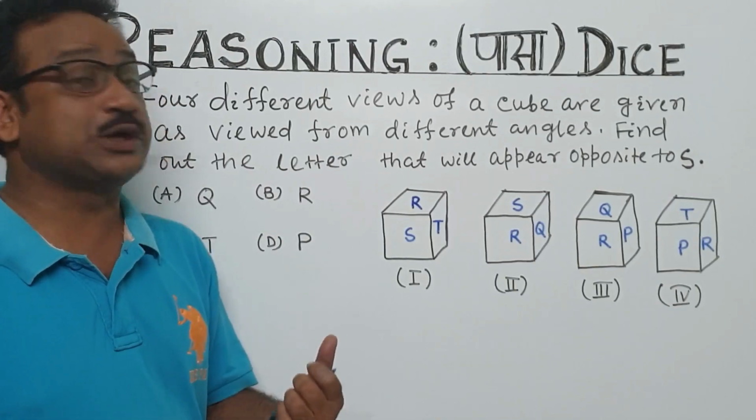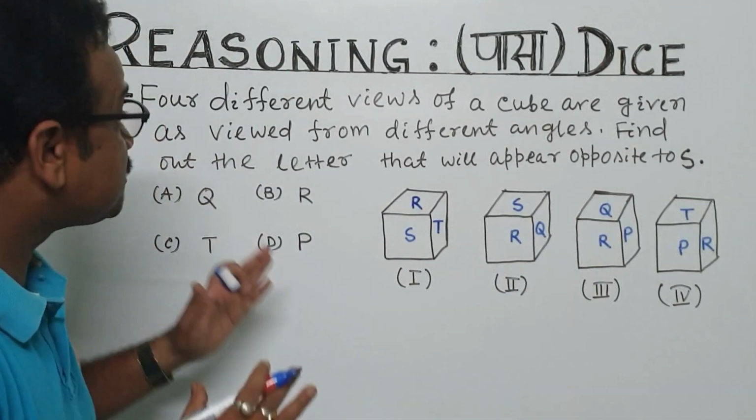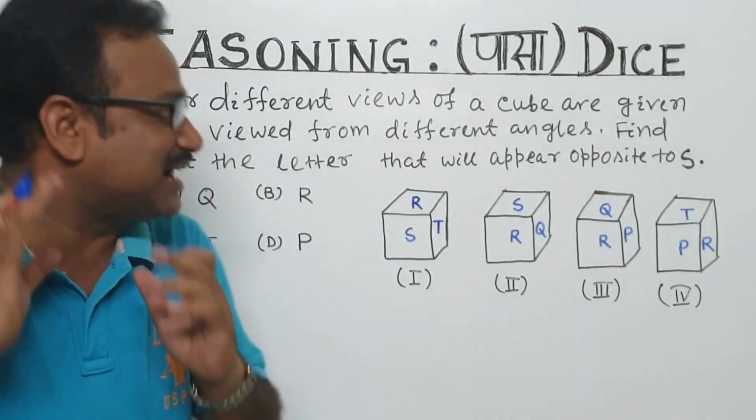Four different views of a cube are given as viewed from different angles.